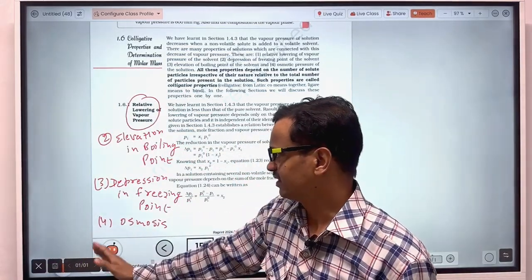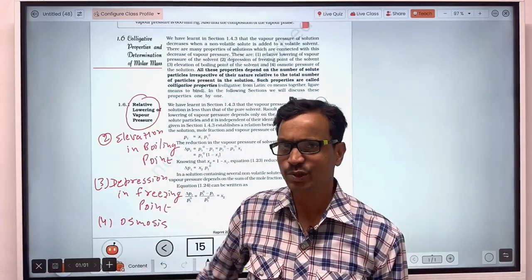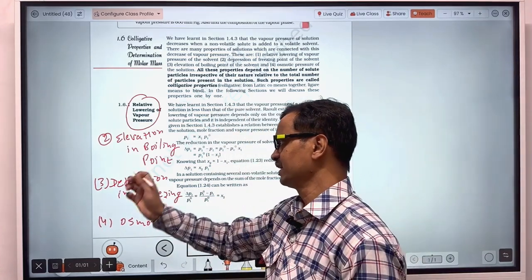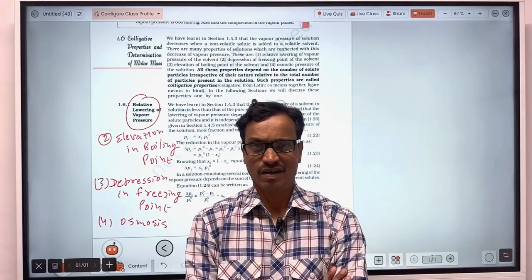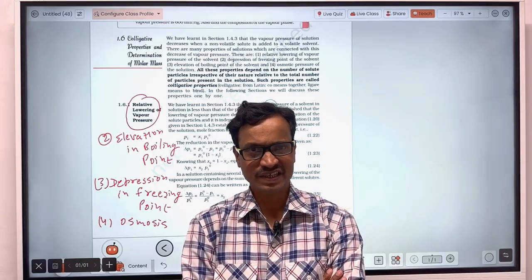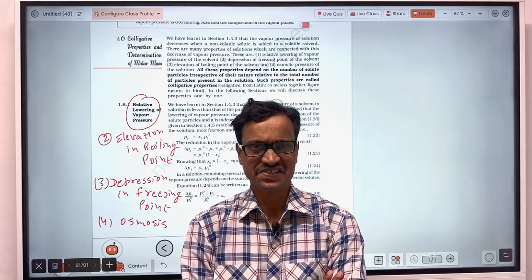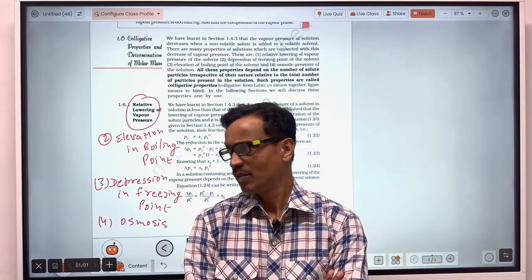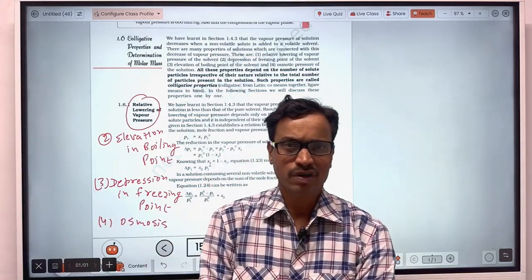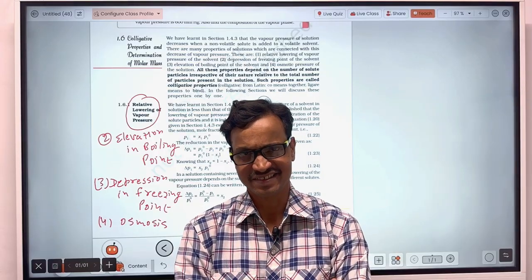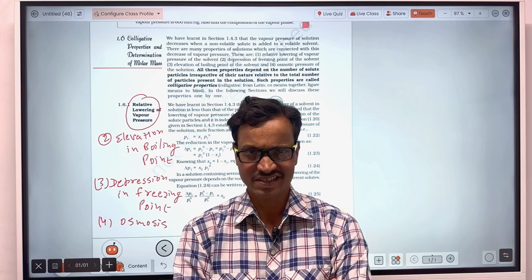But just in summarized form, I tell you what that is. Guys, elevation in boiling point. About the boiling point, I have already informed you what it is. Boiling point is the temperature at which the vapor pressure of a liquid becomes equal to atmospheric pressure. That is called boiling point. The boiling point of water is 100 degrees Celsius.